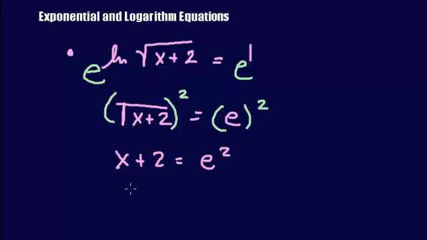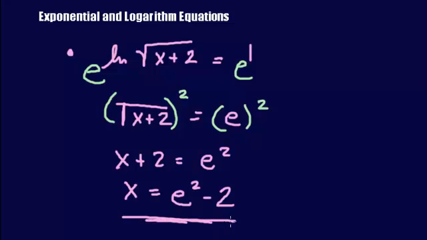And then I'm going to have x equals e squared minus 2. You will need to check each of your answers in your logarithmic equations, because I can't take the log of 0 and I can't take the log of a negative number, and you need to make sure that you don't have that case occurring. So you will need to check your answers, and if you check this one, you'll see that it works.